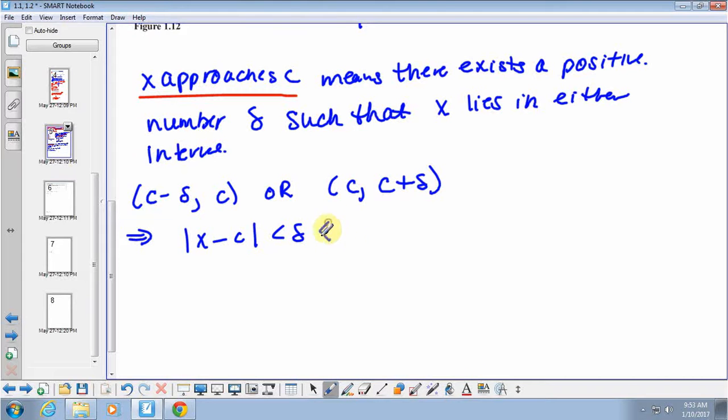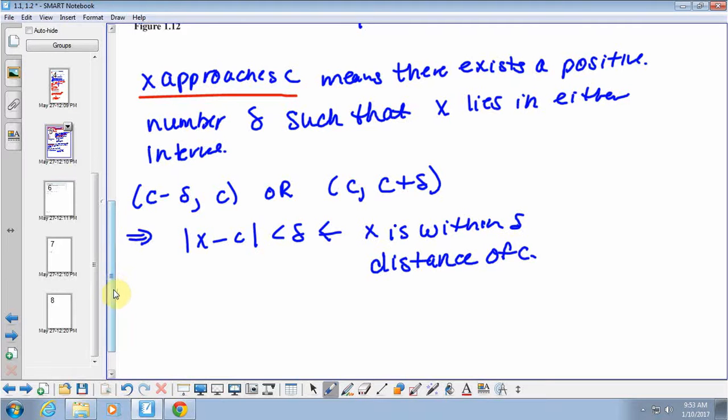So what this means is that x is within delta distance of C. And I know right now you're saying, I don't understand anything Dr. Bergen's saying. We're getting there. Take the ride. Stay on the journey.